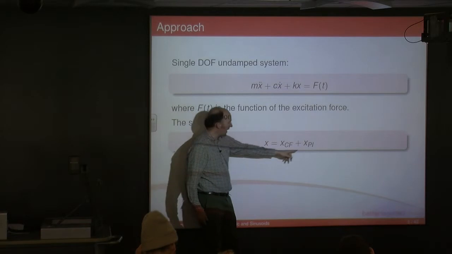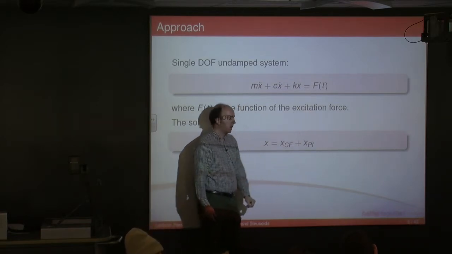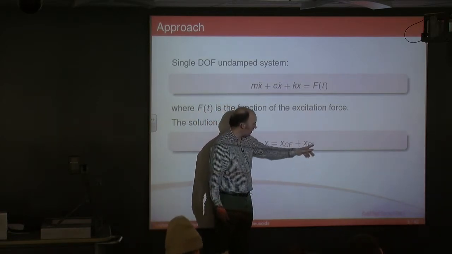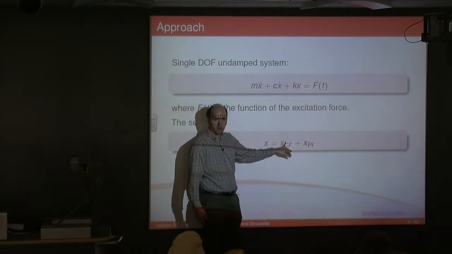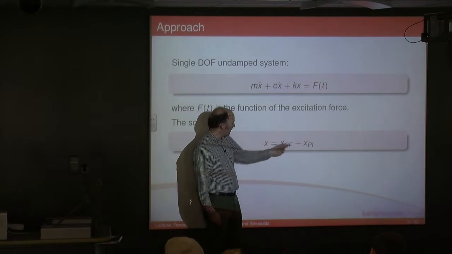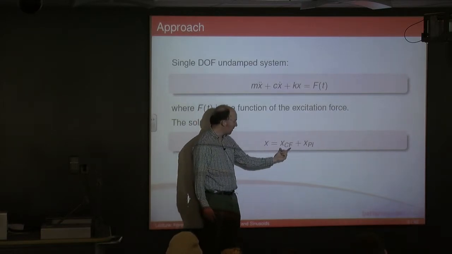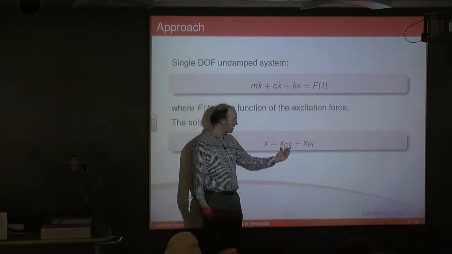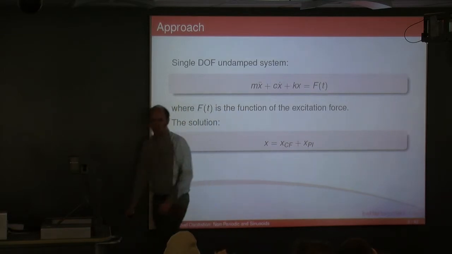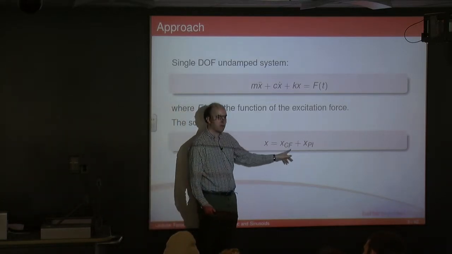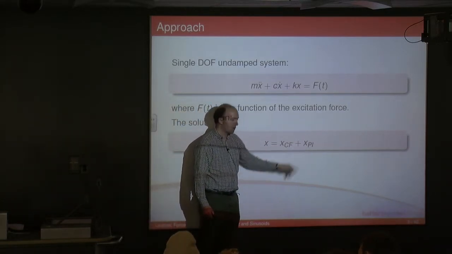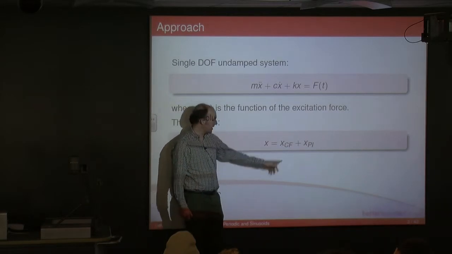xpi, though, is what takes into account the force. We'll go through how to solve this problem in a lot more detail, because xcf we know the solution to. Your complete response will be a component that's the free response plus the component that's due to the force. In a real damped system, xcf will slowly decay away to nothing, and you'll be left with just the pi part.